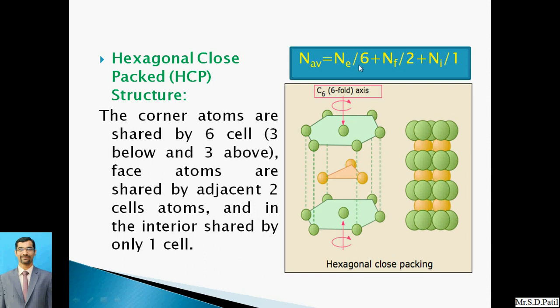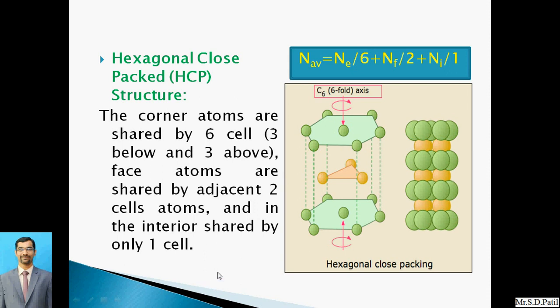Divided by 6 in the cubic structure, this term instead of 6 was 8, because 8 corners are there. Now for the face atom, similarly, it is shared by the 2 adjacent cells.